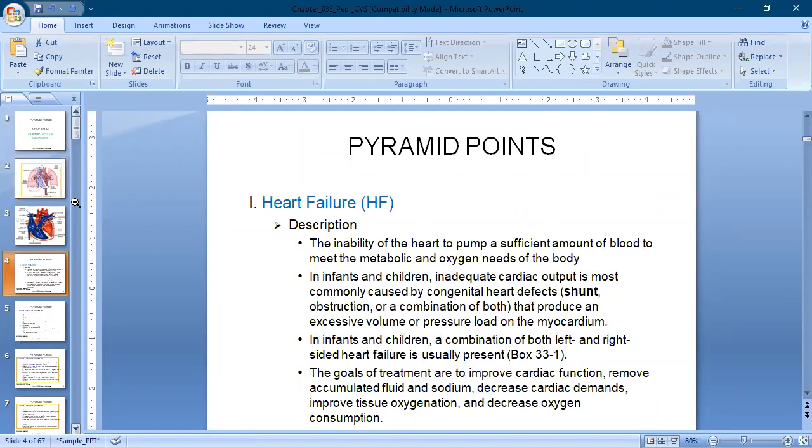So we have to know what are the signs and symptoms of heart failure here. Heart failure is the inability of the heart to pump a sufficient amount of blood to meet the metabolic requirement or oxygen demand of the body.